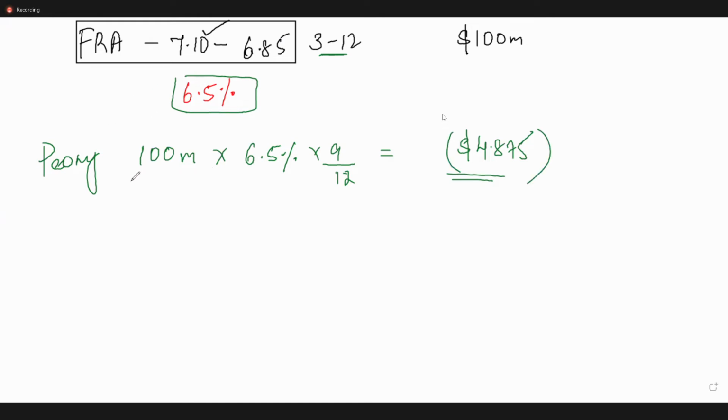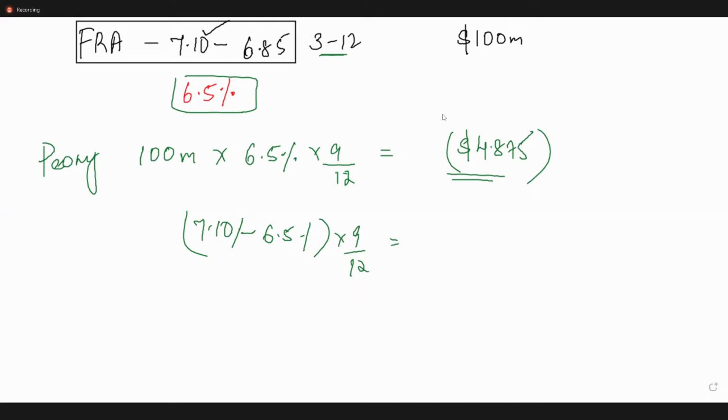Also, who won the bet? Bank won the bet. So Peony company has to pay how much? The difference amount. That is 7.10 minus 6.5%. Now, again, into 9 by 12. So how much do you get? What is the difference amount? 0.6% into 9 divided by 12. 0.45.